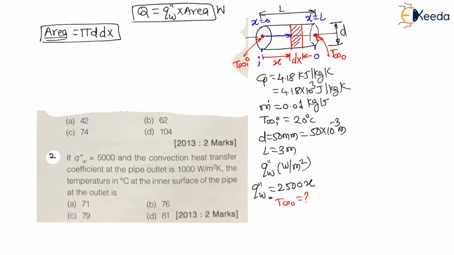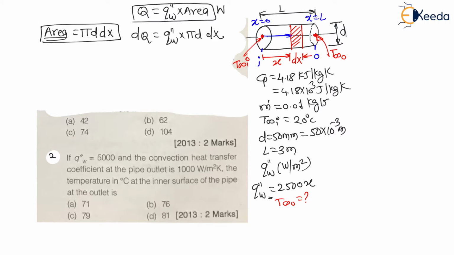Right. So for this very small area, I will get this q. Therefore, for this very small area, this very small dq will be equal to the heat flux, which is a variable of x, into the very small area. Therefore, heat flux into area, pi d dx. So, my dear students, this is a very small heat transfer through this small area.